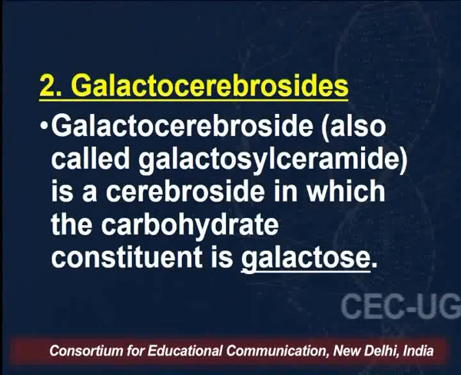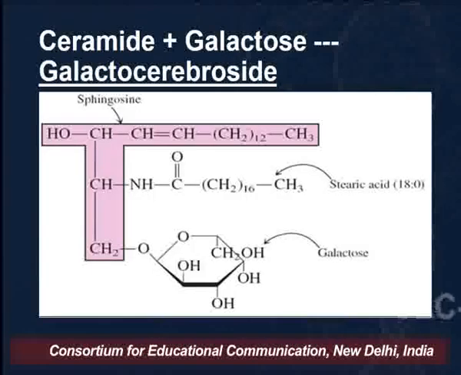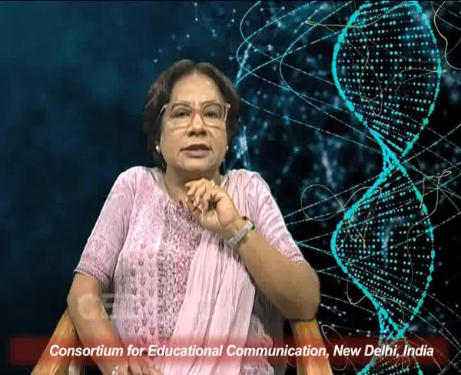Galactocerebrosides are also called galactosylceramide. This is a cerebroside in which the carbohydrate constituent is galactose. So, as you can see on your screens now, here we have the ceramide unit, and here you are getting a glycosidic bond, and it is known as galactocerebroside, or it is also known as galactosylceramide.